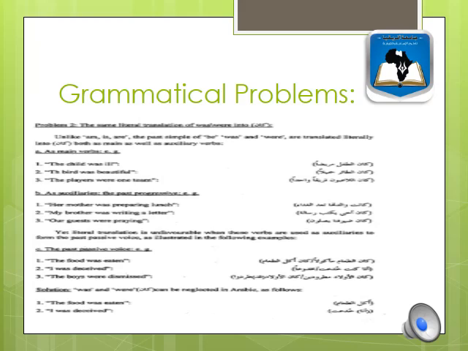As main verbs, if you look at the examples, he mentioned "The child was ill," "كان الطفل مريضا." "The bird was beautiful," "كان الطائر جميلا." "The players were one team," "كان اللاعبون فريقا واحدا." As auxiliaries, the past progressive: "Her mother was preparing lunch," "كانت والدتها تعد الغداء."